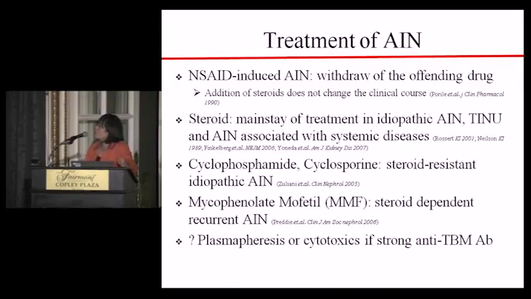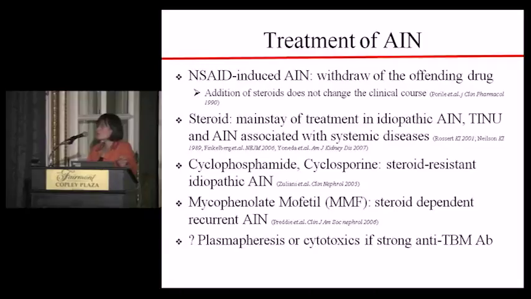Okay, how about treatment of AIN? Again, if there's an offending agent, you remove it, for example NSAID or other identified drugs, and the condition resolves. How about steroid? Steroid is the mainstay treatment in idiopathic AIN or AIN associated with a systemic disease. Cyclophosphamide and cyclosporine have been used, but normally in steroid-resistant idiopathic AIN.